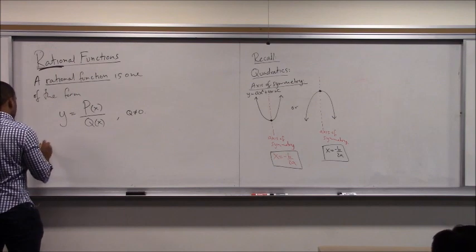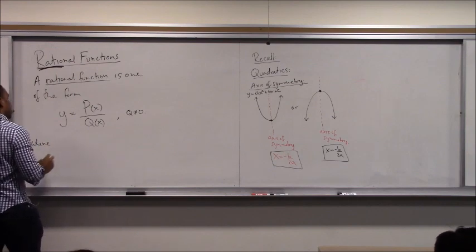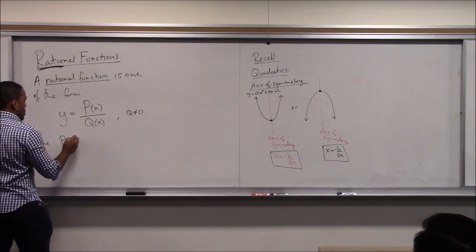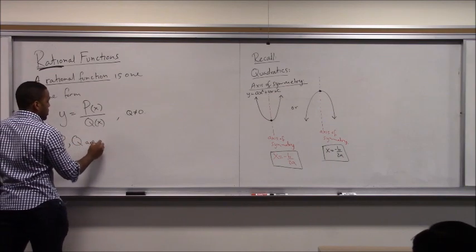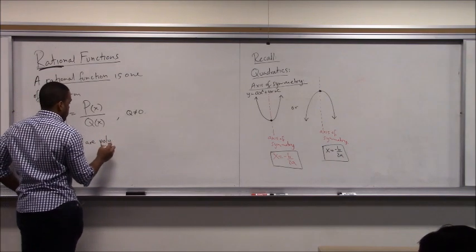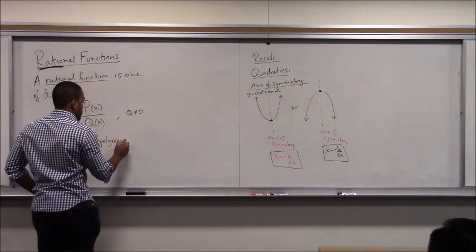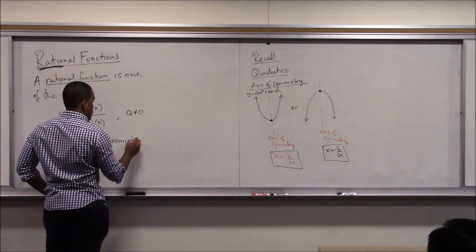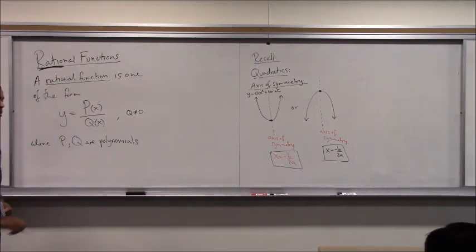Here's what makes it a rational function: p and q are polynomials. So a rational function is when we divide one polynomial by another.